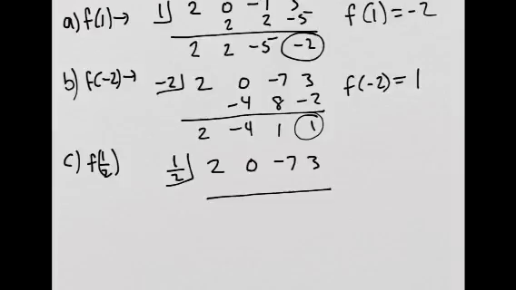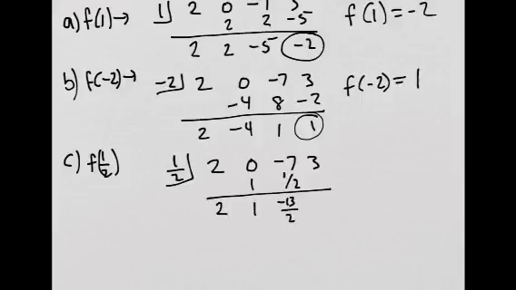Okay, so now we're evaluating at x equals 1/2, so you bring down the 2. 2 times a half is 1. Okay, so that you get 1. 1 times a half is a half. And 1/2 minus 7 is negative 6.5, so instead of negative 6.5, I'll put it as an improper fraction, so I'll put negative 13 halves.